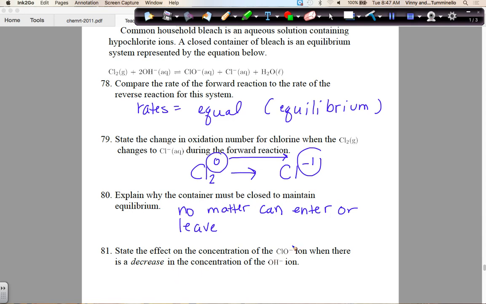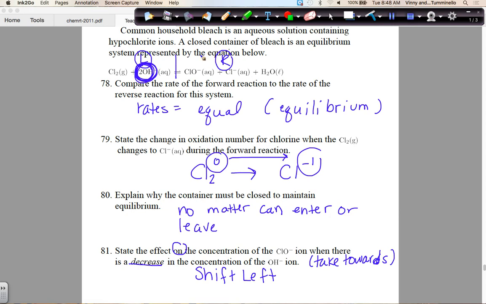81, state the effect on the concentration of the ClO minus ion when there is a decrease in the concentration of OH. This is going to be a Le Chatelier's principle question. I'm going to explain it up here. If we decrease the concentration of hydroxide, that is the concept of take towards, which means that decreasing the OH will shift to the left.